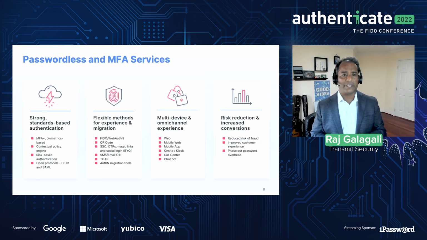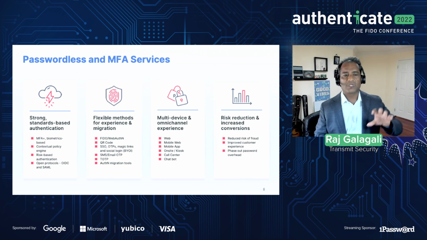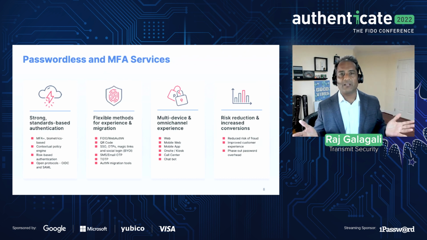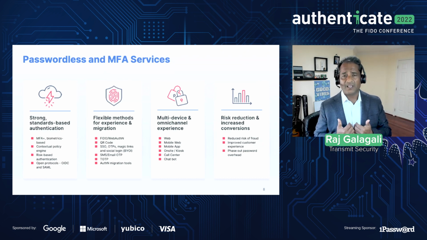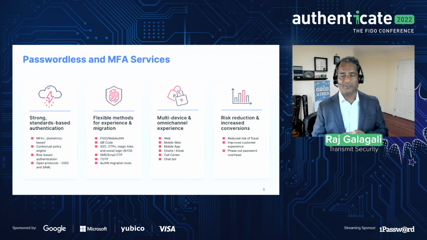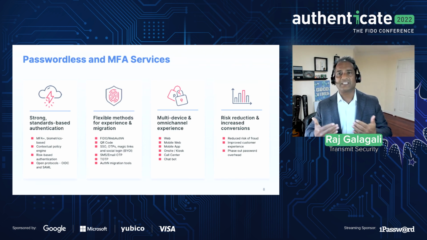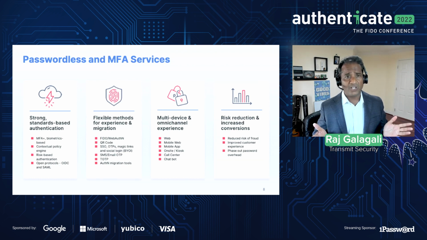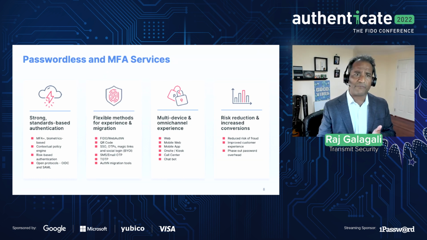To summarize, I would say, think about a standard-based authentication, have all available methods that you can think, but leading with Fido, leading with biometric wherever possible, and leveraging the next best, strongest factor in certain scenarios. You want to make sure that you can service it across the channel, not just for mobile channel, not just for web channel.